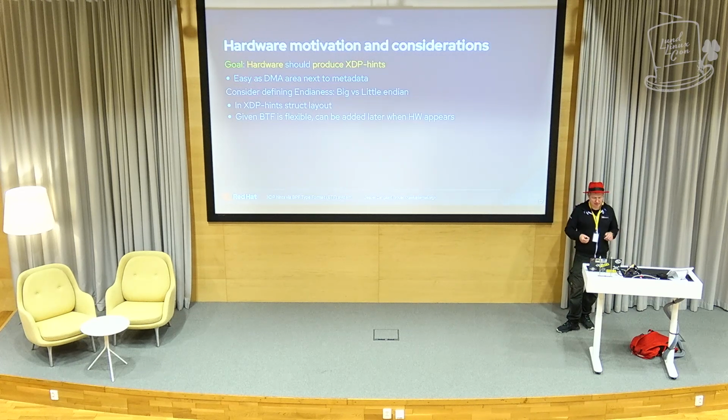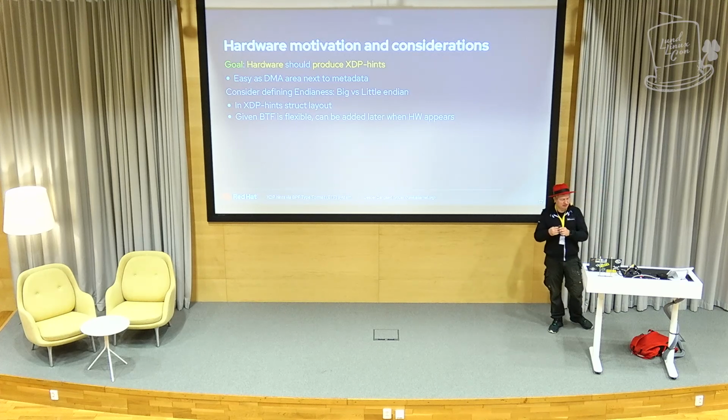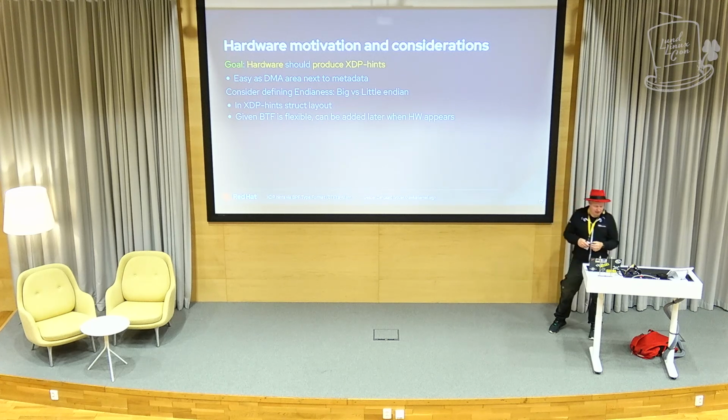There's also some hardware motivation, because the end goal is that the hardware should produce these XDP-hints. It's just next to the DMA area, where the hardware likes to align on a cache line, but we can easily have the hardware write the metadata area and the XDP-hints. We have to consider endianness and stuff like that, but fortunately we can add that later when the hardware appears, because the driver can redefine the layout.